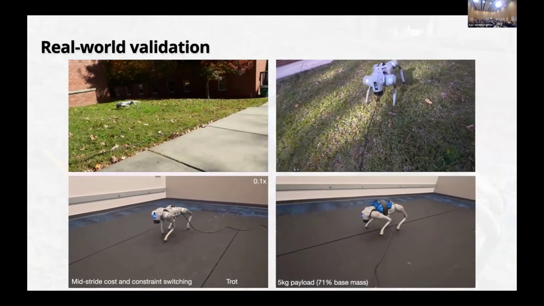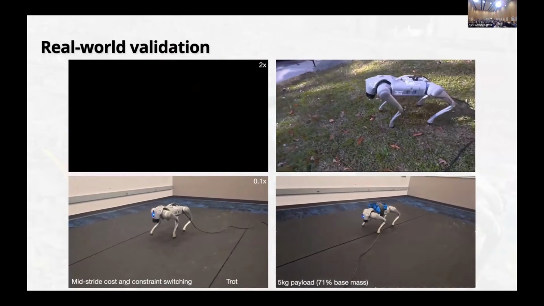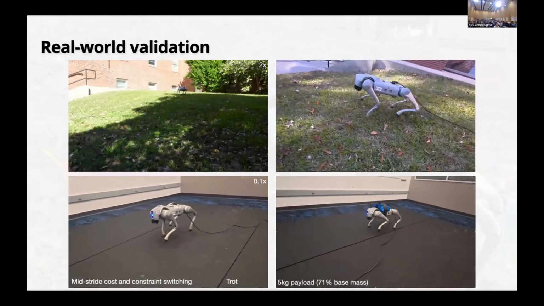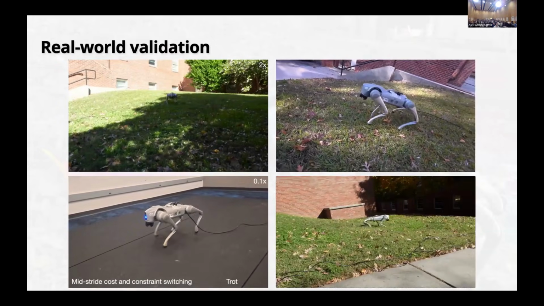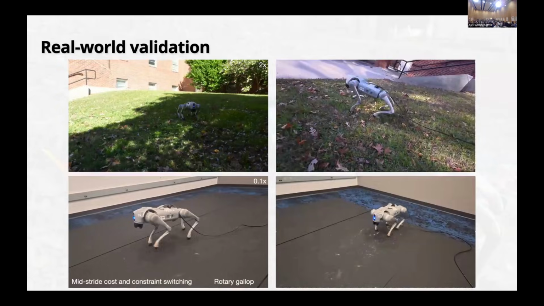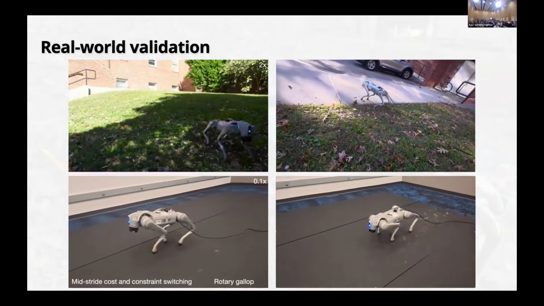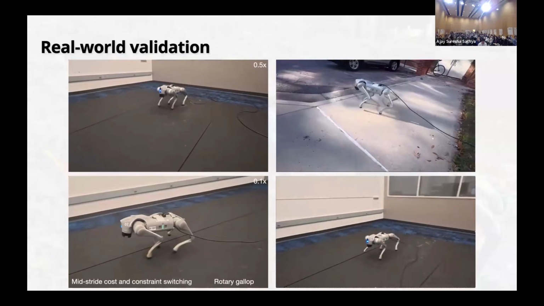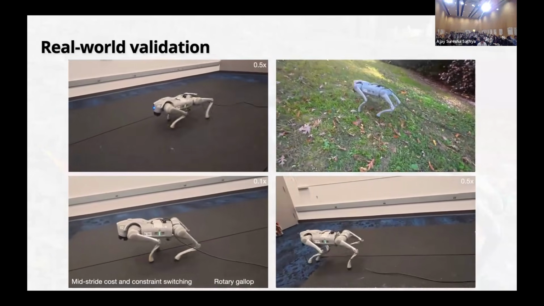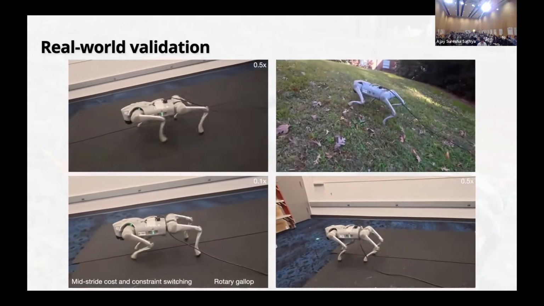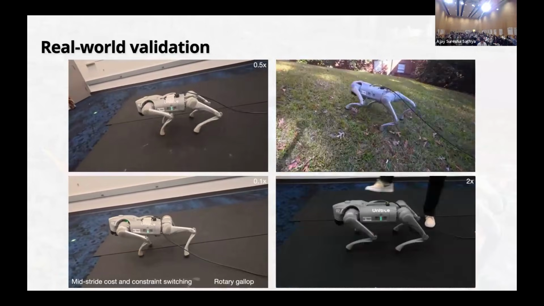This is all completely blind locomotion, by the way, over varied terrain, with different payloads, going down a step or two, and with mid-stride cost constraints, which you generally should be able to do with learned MPC but can remain challenging, as I mentioned earlier.